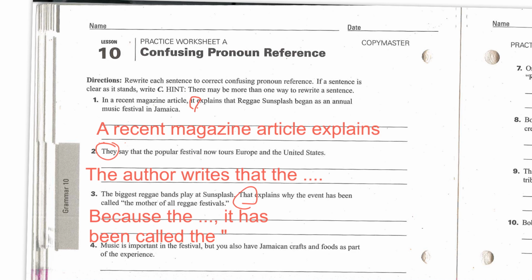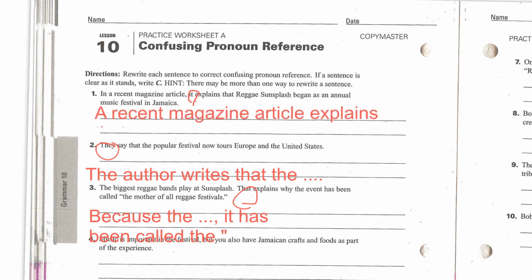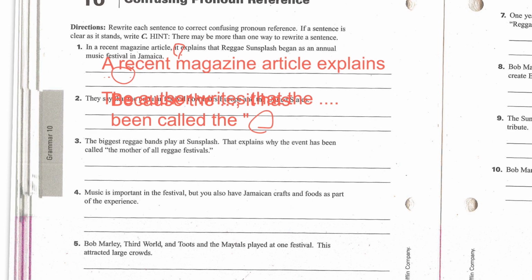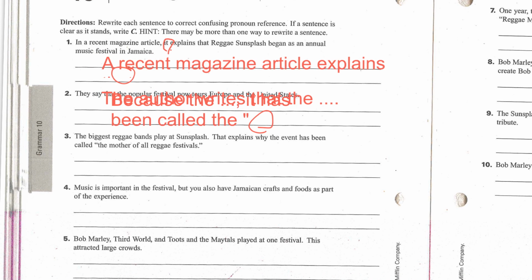So the last one I'm going to do with you. Notice there haven't been many of them correct so far. Whoa. Okay. Number 4. Music is important in the festival, but you also have Jamaican crafts and foods as part of the experience. What's the unclear pronoun?